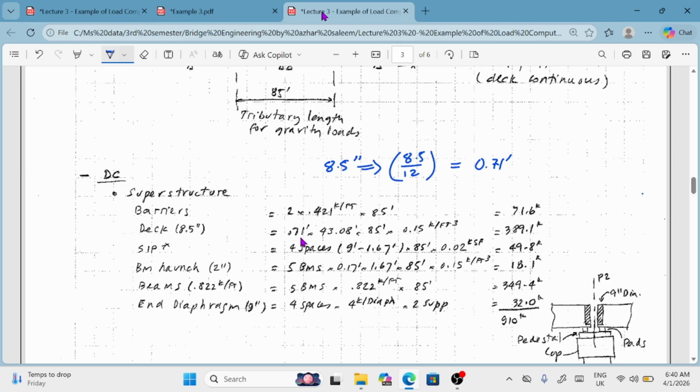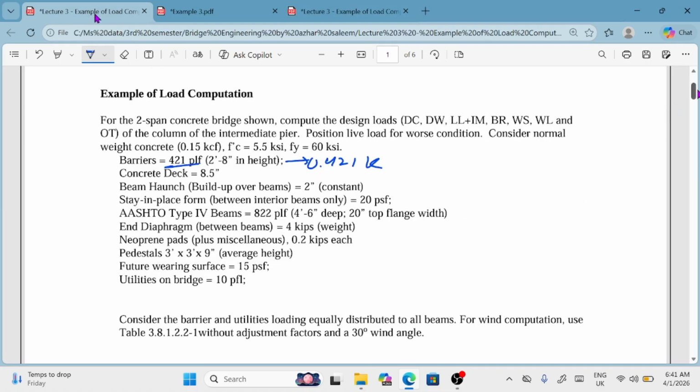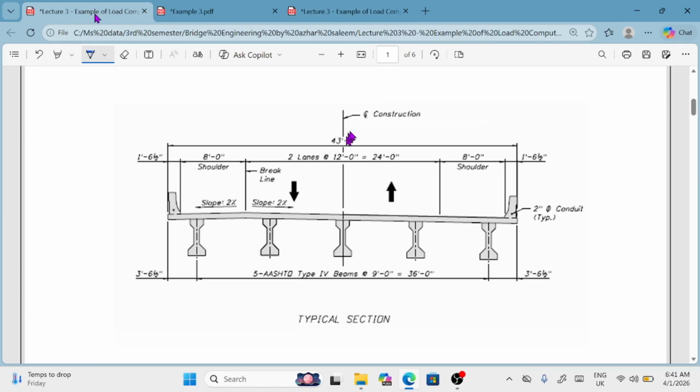So 0.71 feet multiplied by 43.08, which is its whole width. This deck starts from here to here. This is the whole deck.